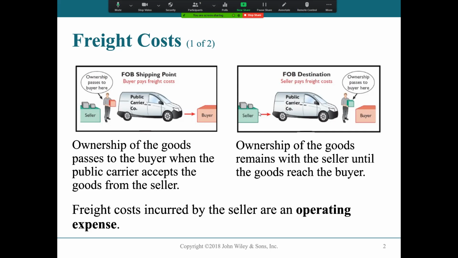With FOB destination, the seller is not going to do anything when they load it on the public carrier until they get some type of notification that the buyer has received it. Then they will go ahead at that point and enter the sales transaction into their books, and the buyer will enter the purchase transaction into their books. Does that help? Good. Okay. Yes, it does. Thank you very much.